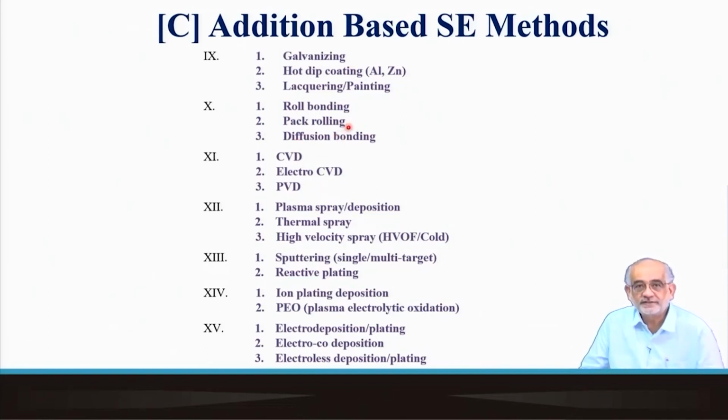So this roll bonding, pack rolling, diffusion bonding, these are all mostly bonding processes by way of mechanically activated diffusion, during pack rolling processes. I can create certain chemical layers on top, which is called CVD processes, chemical vapor deposition processes.